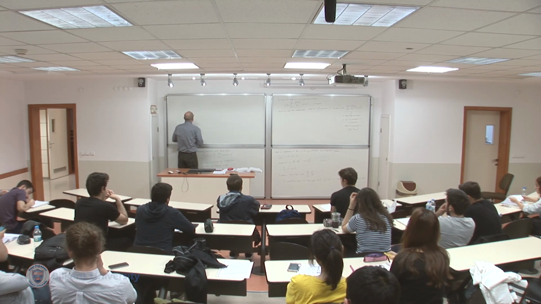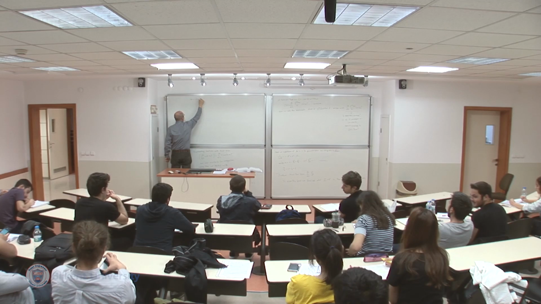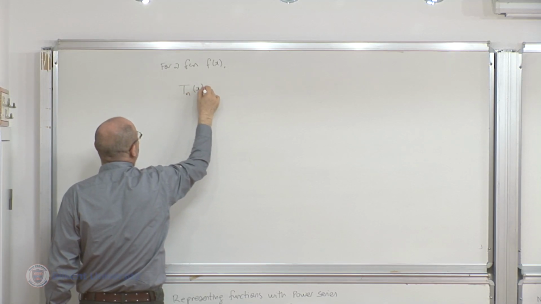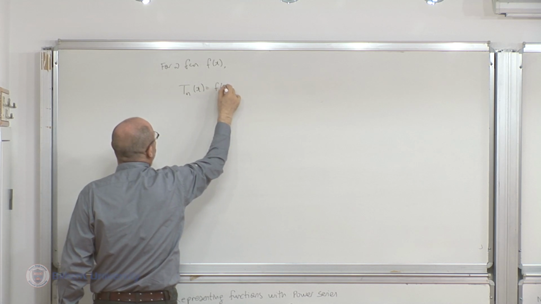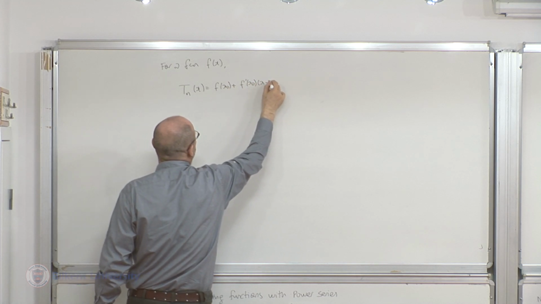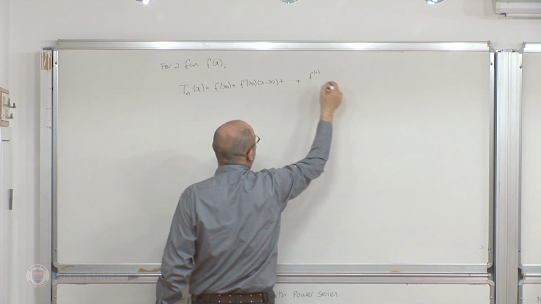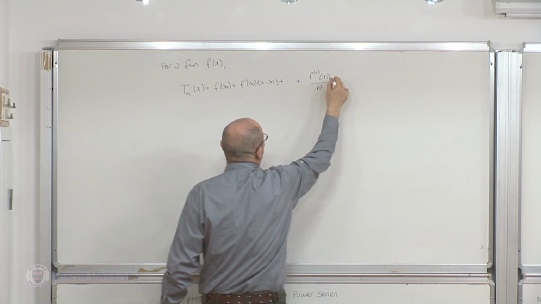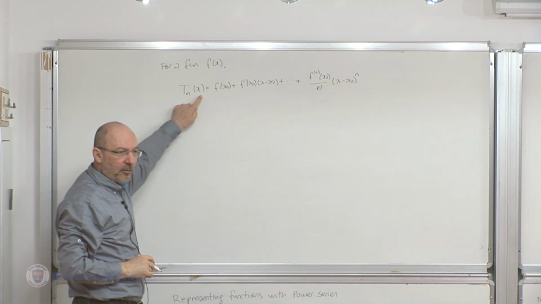So for a function f, T_n(x) equals f of x sub 0 plus f prime of x sub 0 times (x minus x sub 0) plus, so I'm writing the first n terms of that series, up to f^(n) of x sub 0 over n factorial times (x minus x sub 0)^n. This is a polynomial of degree n.